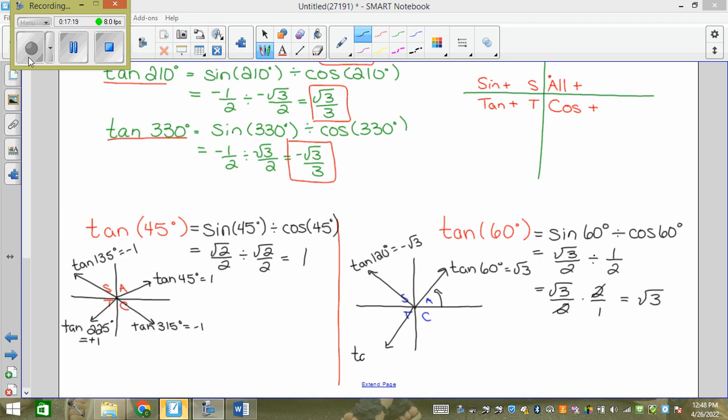Yeah, tan 240 is going to be positive root 3 because it's all positive there. And this one, tan of 300. So you see how the actual answer doesn't change, the sign changes? Because if you actually fill your unit circle incorrectly, you'll always be dividing root 3 over 2 divided by a half. Just one of them might be negative, both of them might be negative. Right?